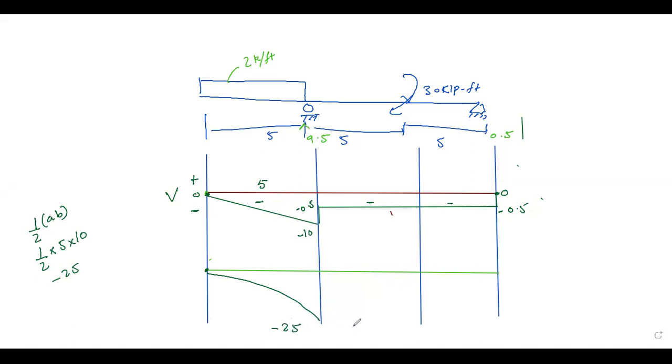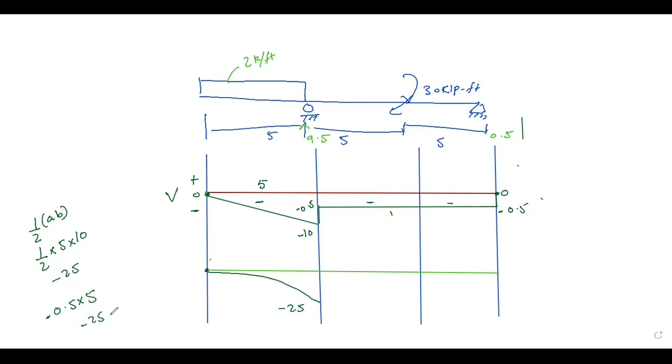Okay, then this is negative 25, then we have to, one minute, make it big, slightly up so it will be easy. So this is negative 25. Then we have to subtract this area because it is in the negative zone. This area is 0.5 into 5, but negative. So negative will be positive, will be added.